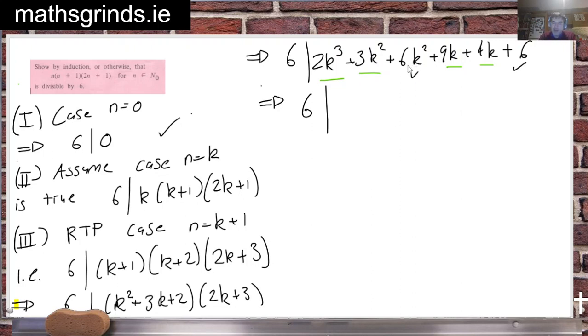Before I start taking out the 6, I'll just simplify this cubic a little bit more. So that would be 2k cubed plus 9k squared plus 13k plus 6.